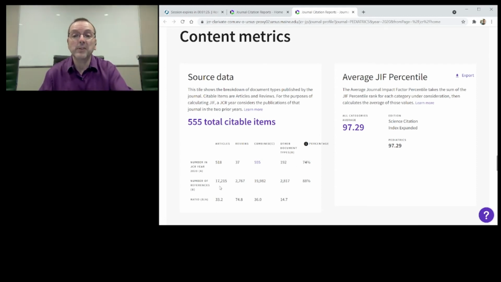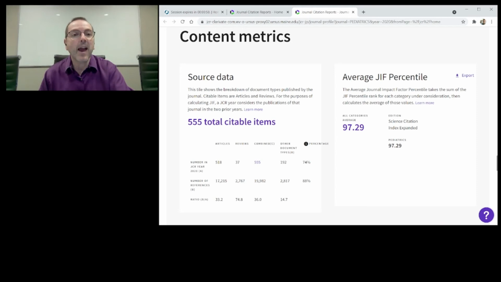It gives you how many references there were among those articles, and how many references there were in the reviews. And then the average number of references in the articles and the average number in reviews. And you see, not surprisingly, the reviews have more than twice as many references because it's a review of the literature, right? So it'll have more.